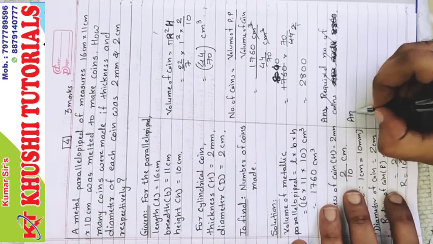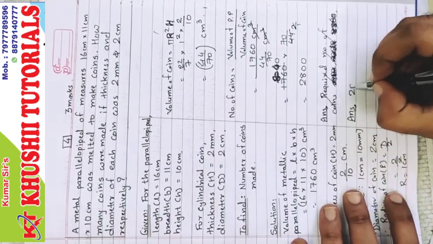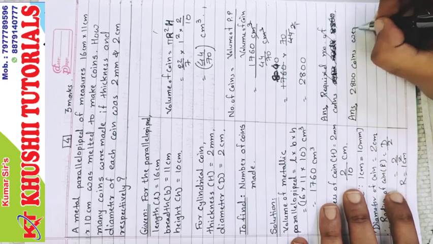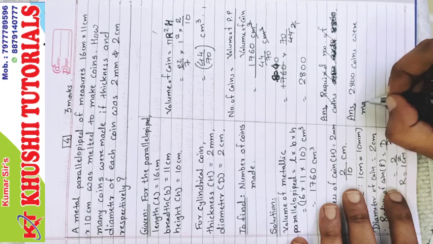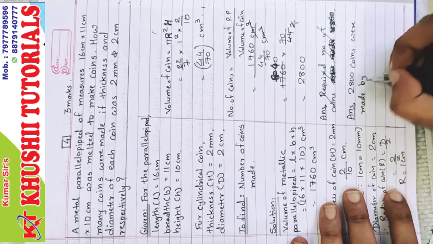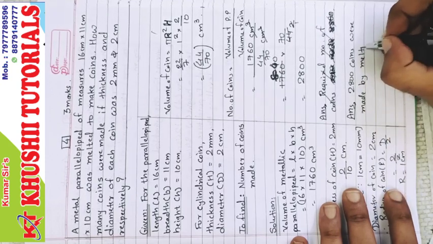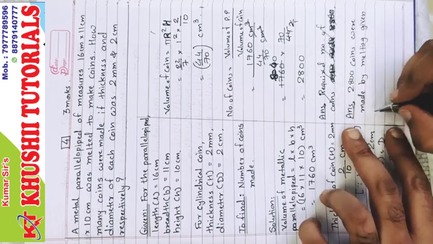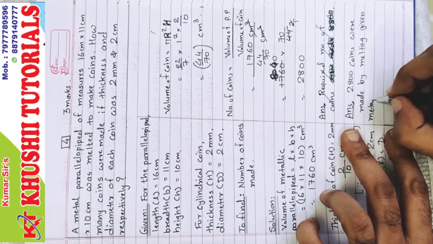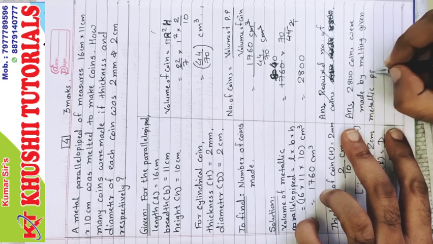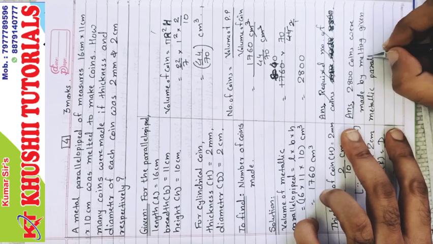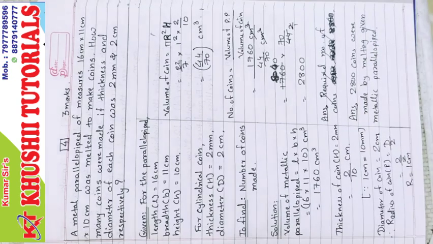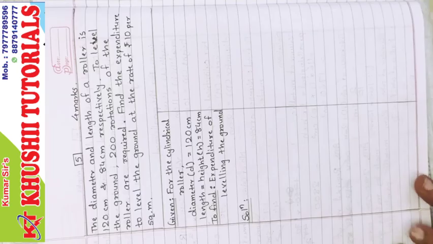Therefore answer, 2800 coins were made by melting the given metallic parallelepiped. And this is the end of sum number 4.